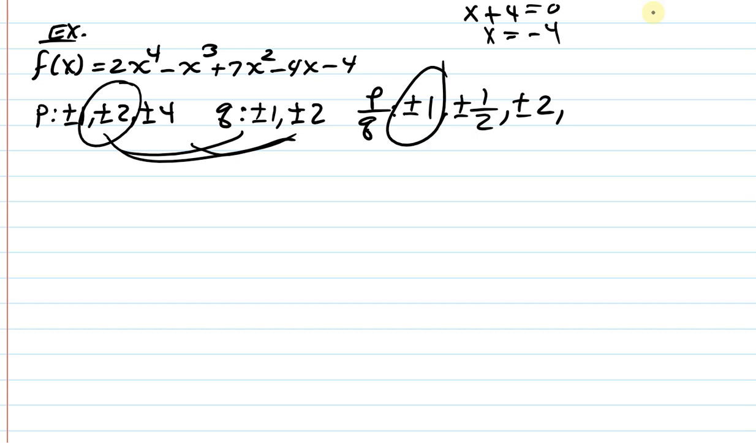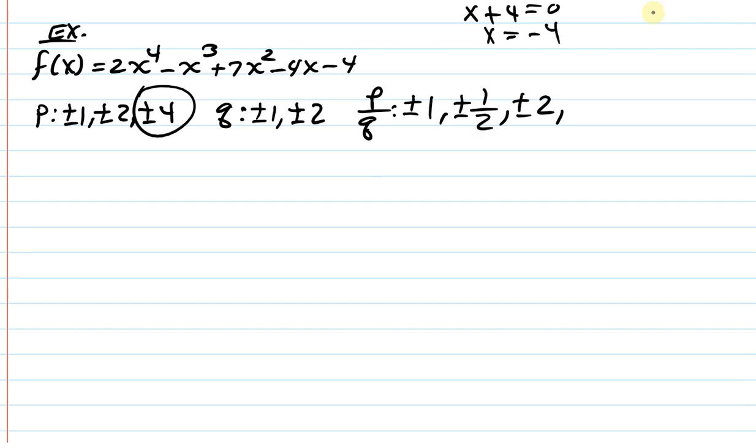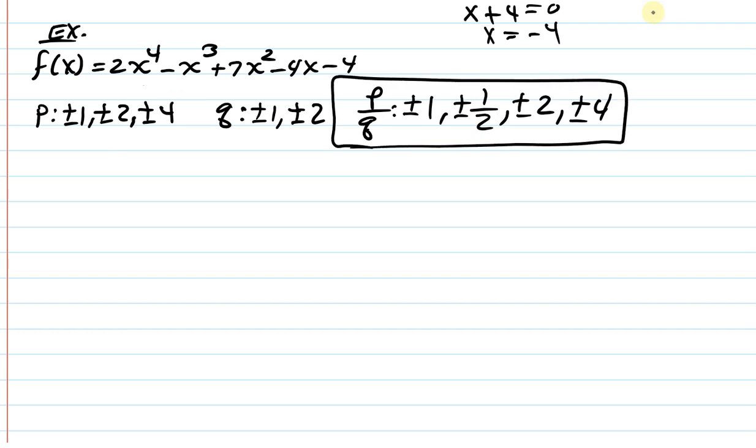I already have that one. We don't need to count it twice. Let's do 4. 4 divided by 1, so I get plus minus 4. And 4 divided by 2 is 2. I've already accounted for that one. Correct? So I don't need it. These are all possible rational zeros.